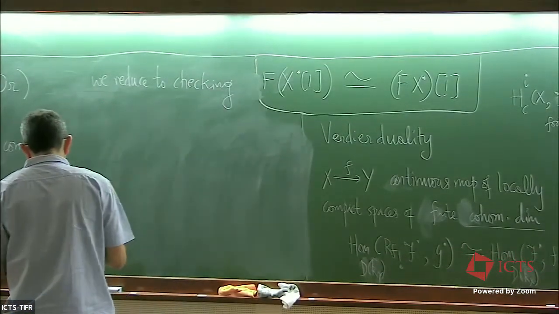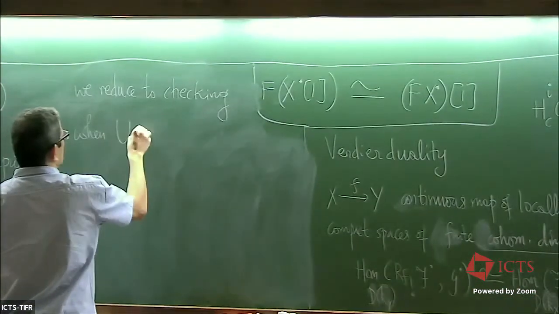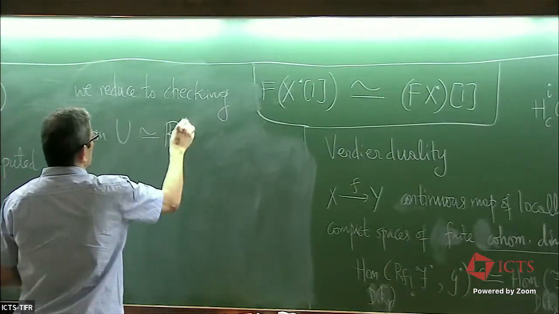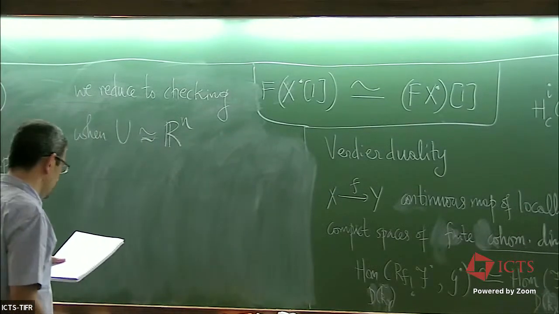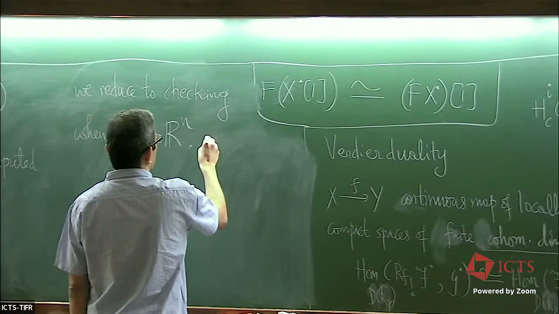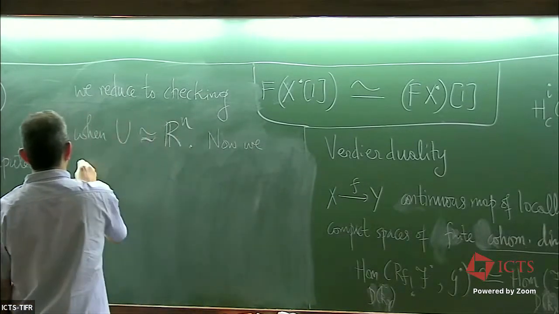We reduce to checking when U is homeomorphic to Rn. So now we conclude by explicit calculation.